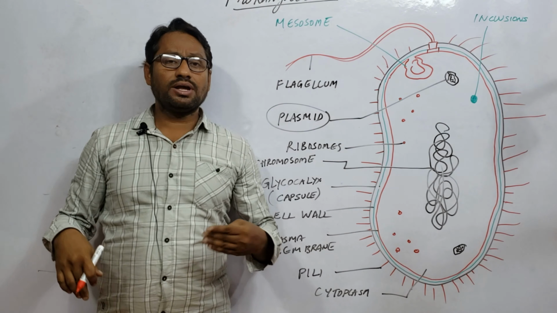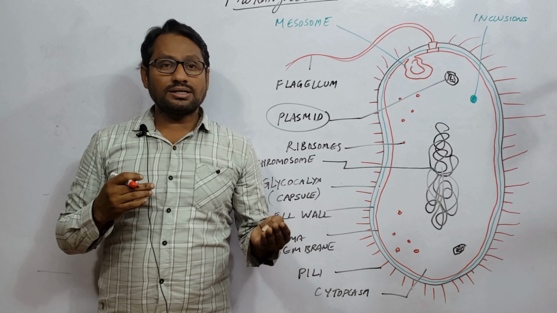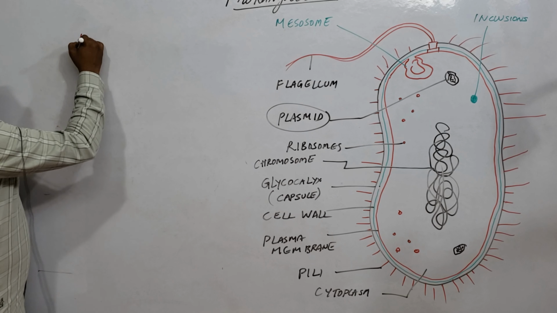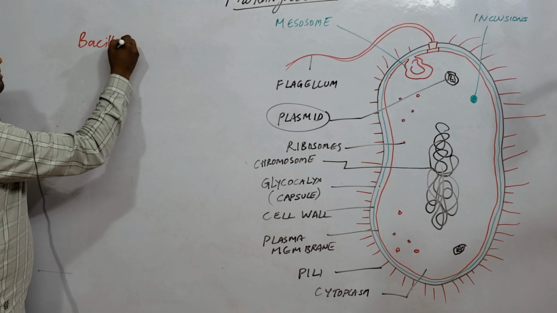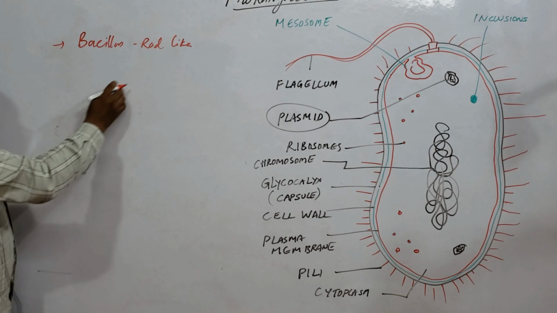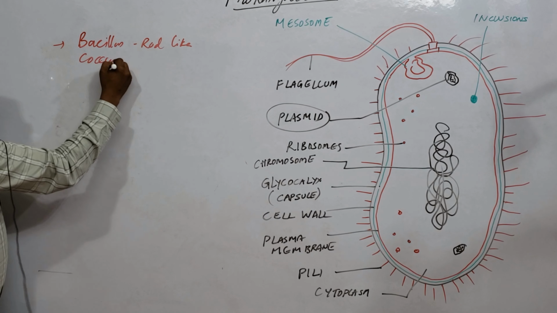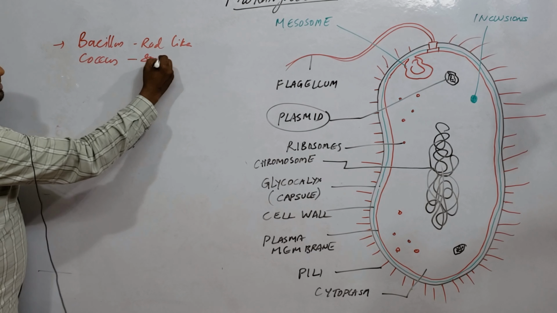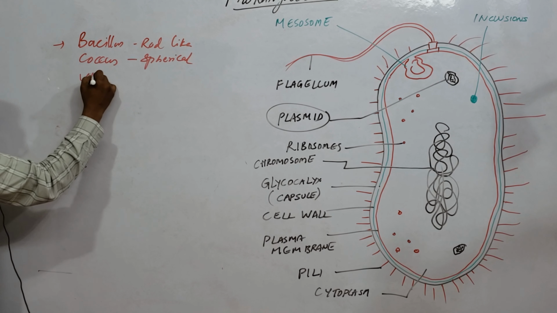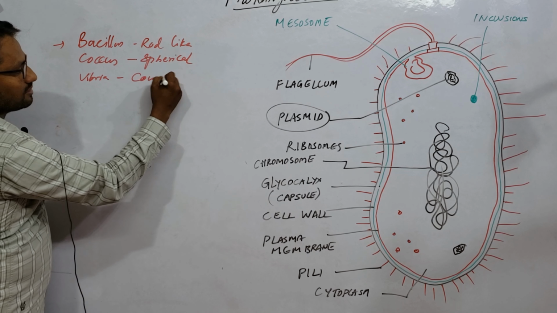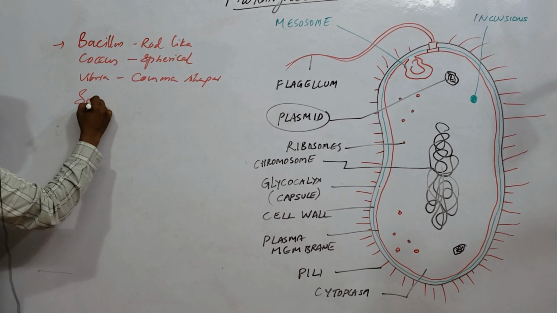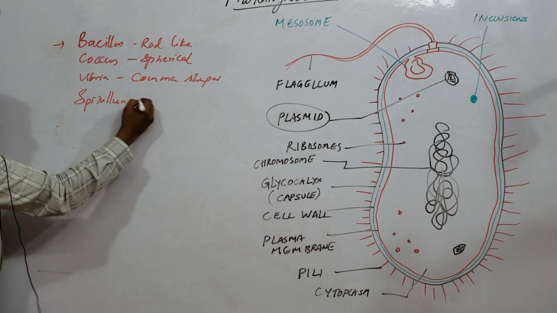The sizes will vary, like we have bacteria such as bacillus. Four basic shapes of bacteria are there: bacillus, which is rod like, coccus, which is spherical, vibrio, comma shaped bacteria, and spirillum, so spiral.